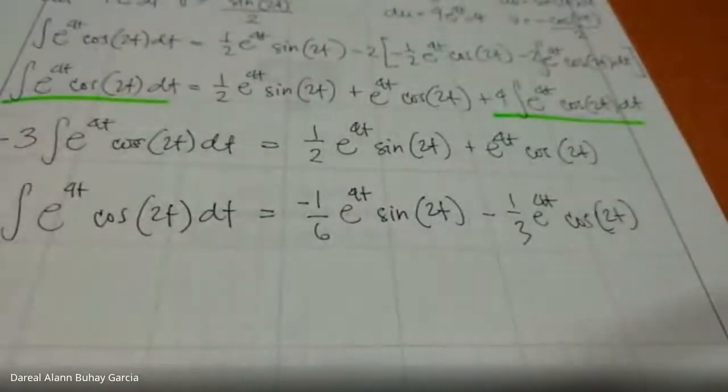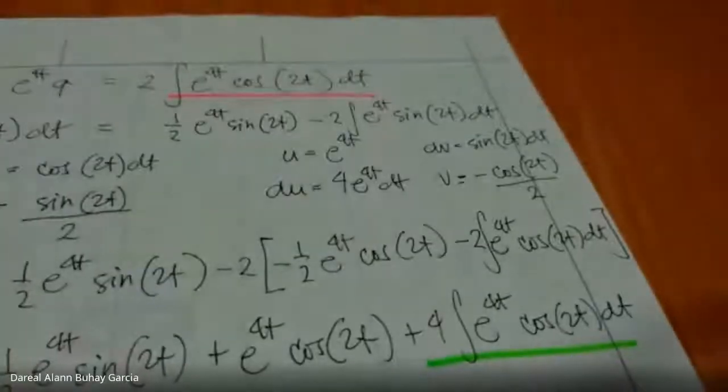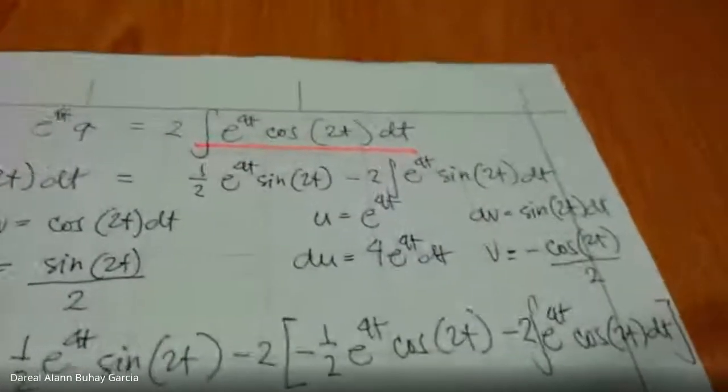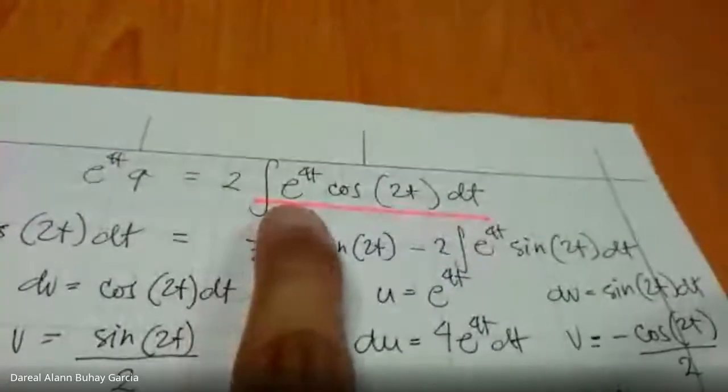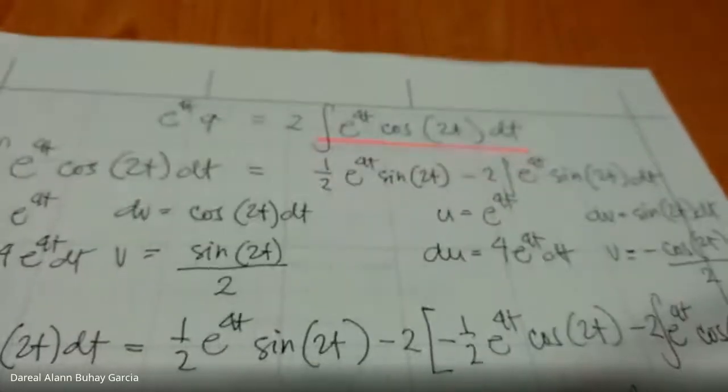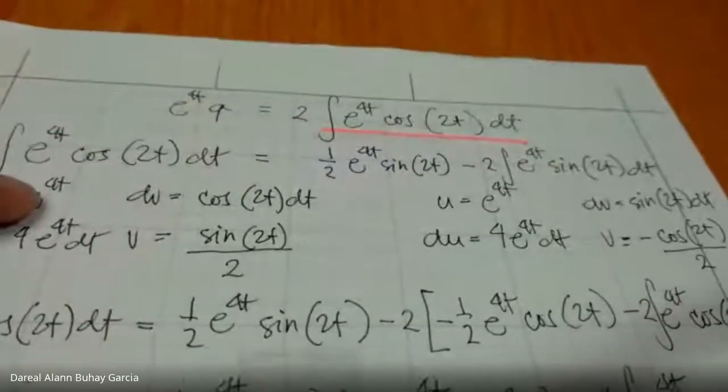So this now, we replace it there. The integral of e^40 cosine 2t dt. So e^40 times Q is equal to 2.